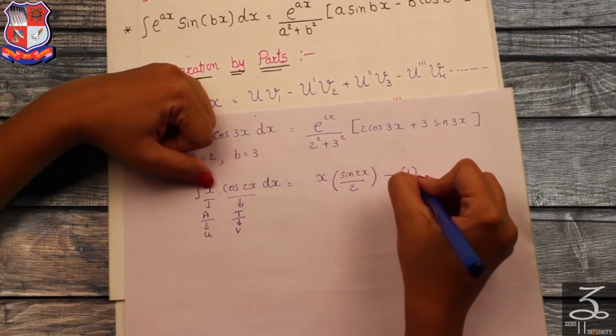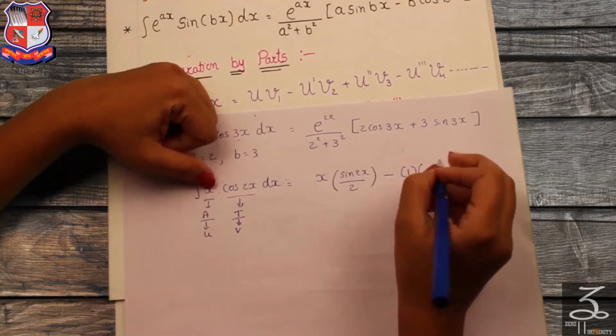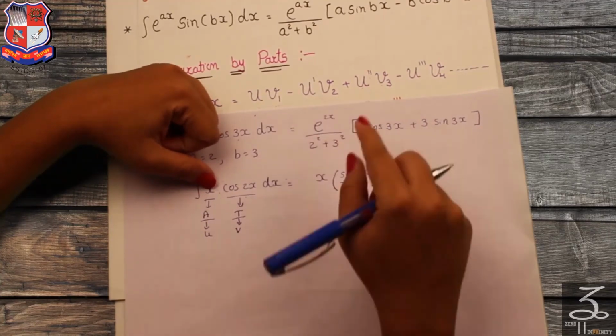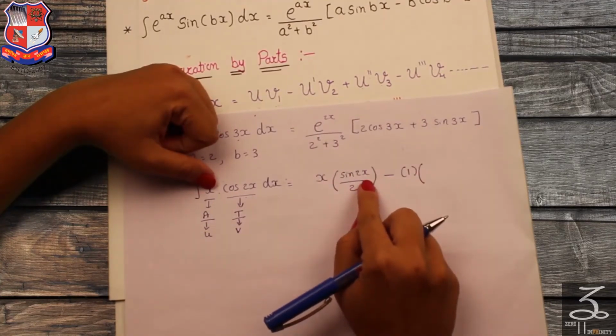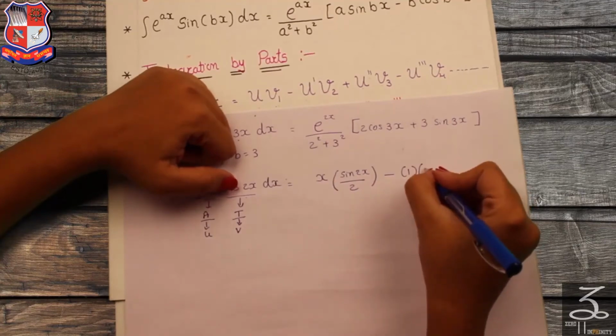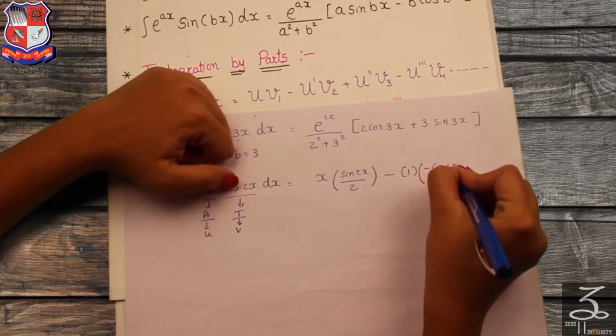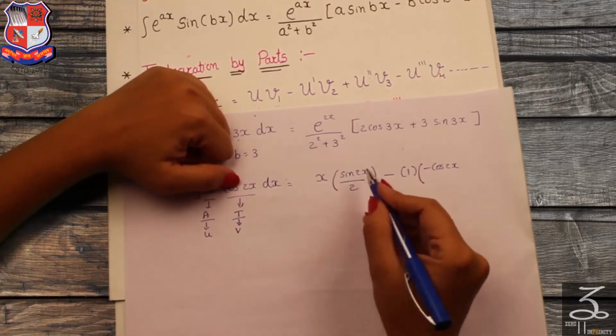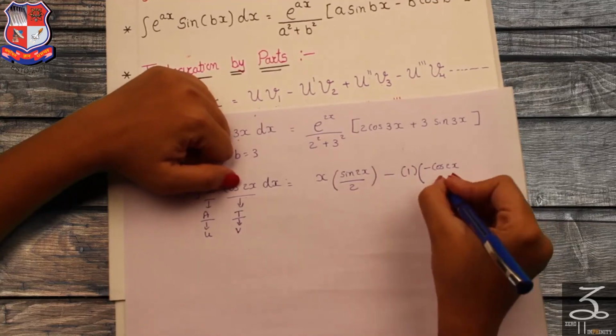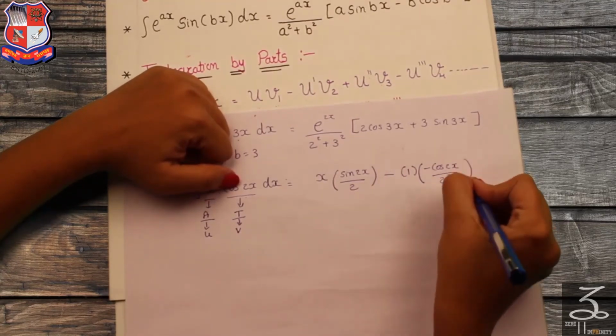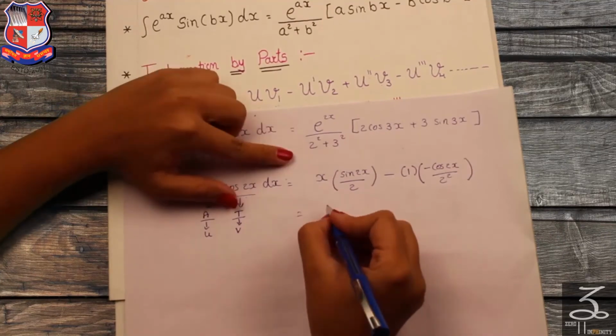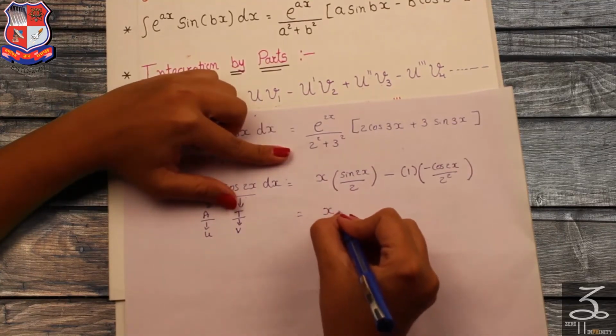What is the differentiation of x? That is 1. Then next is second time integrating v, that is integration of again sine 2x. So integration of sine is minus cos 2x and the coefficient is again divided, so 2 into 2 is 2 square.